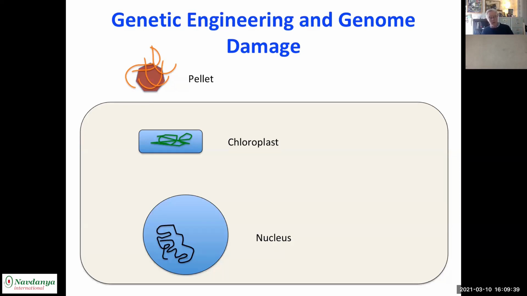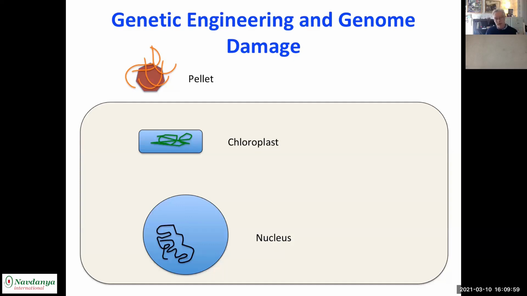It will lose pieces of DNA. It will finally lodge in the nucleus. And in order for the DNA that you've added to insert into the nucleus, you first have to damage the DNA. So the pellet is basically crashing into the chromosomes in the nucleus and damaging them.